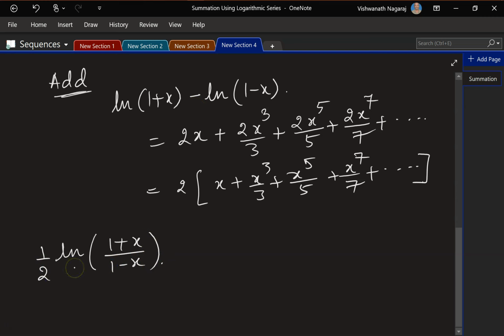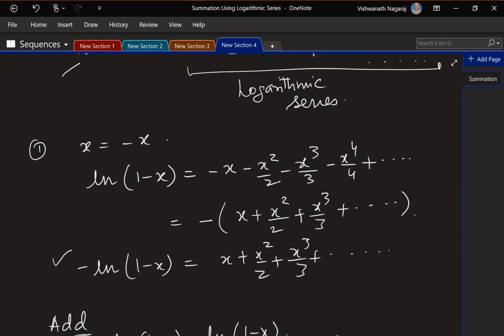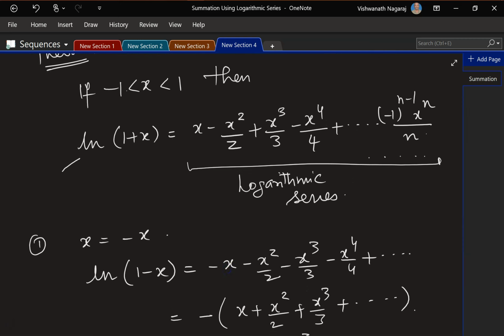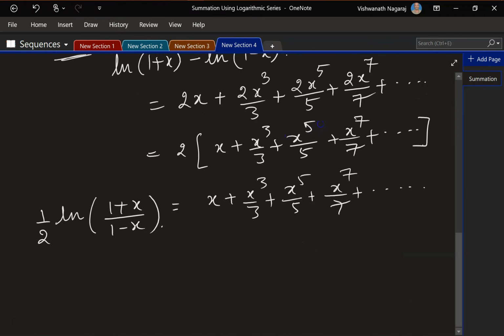So 1 by 2 natural log of 1 plus x by 1 minus x is equal to x plus x cube by 3 plus x to the power of 5 by 5 plus x to the power of 7 by 7 and so on. So basically we now know the expansion of this, or in other words, if we get this pattern in a series, we know we can substitute it with this natural log, and the same way with respect to the earlier one as well.